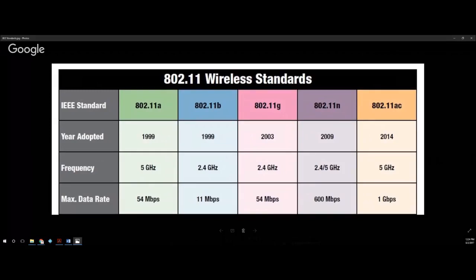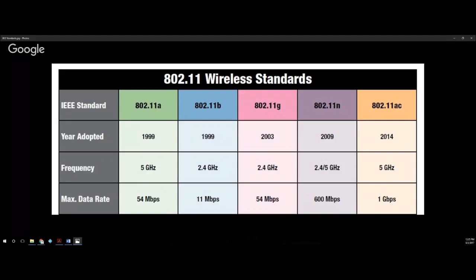So we want to talk about two different rows of information here, the frequency and the maximum data rate, or what they call throughput. So the year that they were adopted is fun to know, and you do need to know that AC is the newest of the ones on your screen, but that's not going to be the most important part when it comes to not only answering test questions, but implementing and maintaining these in real life.